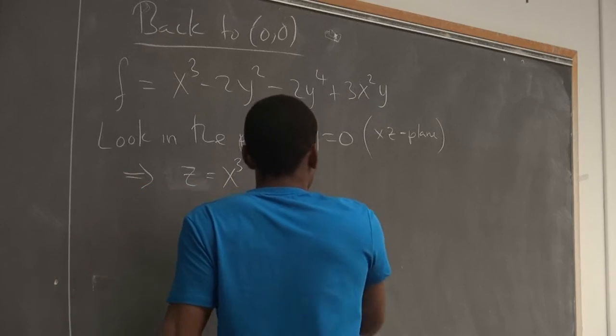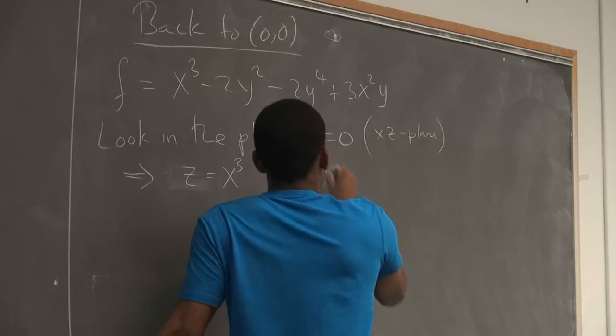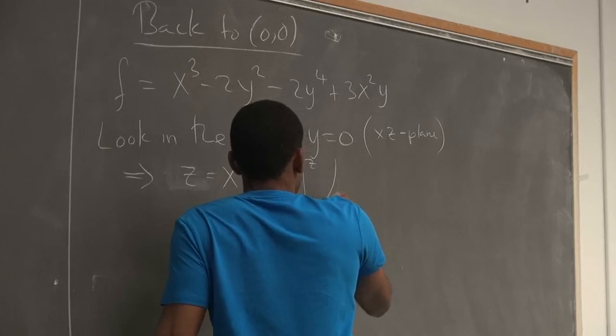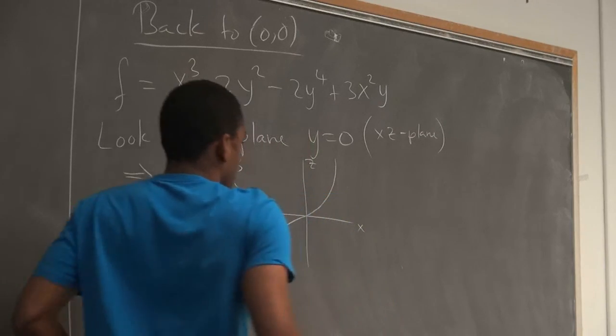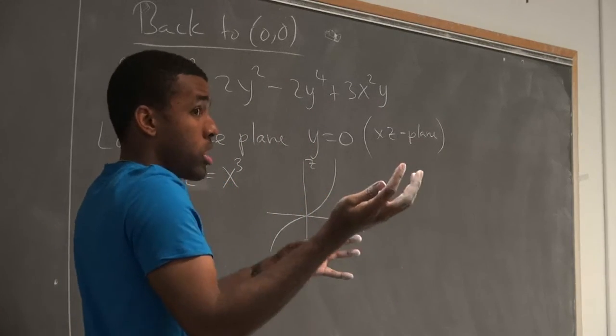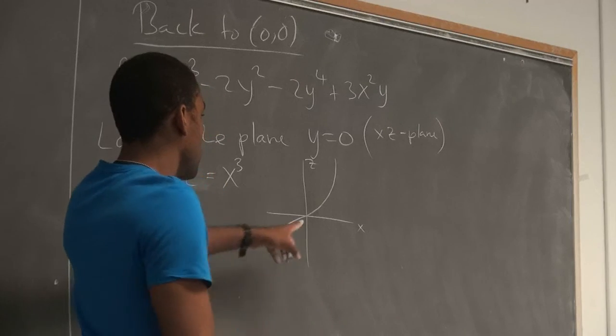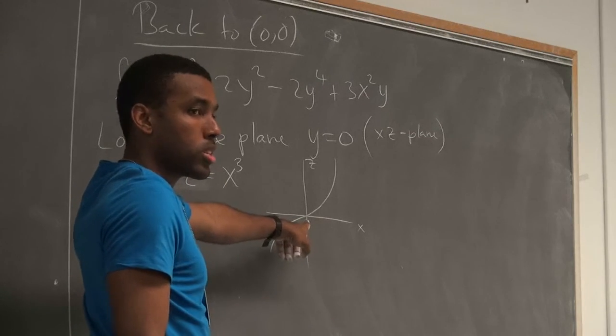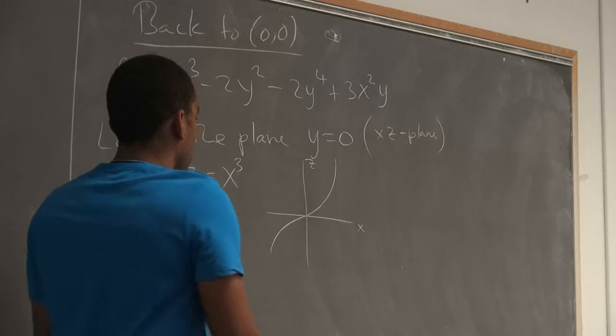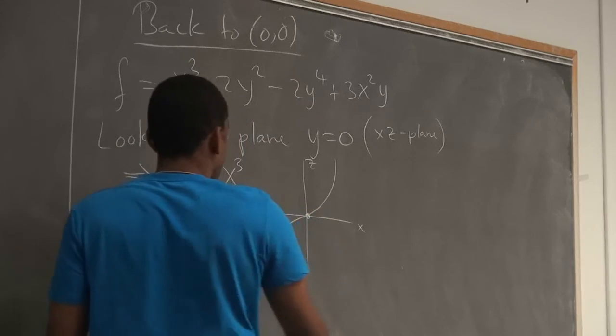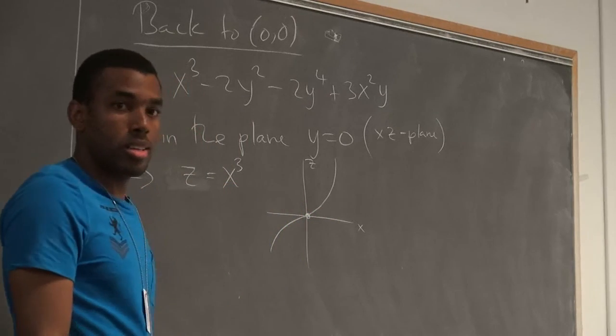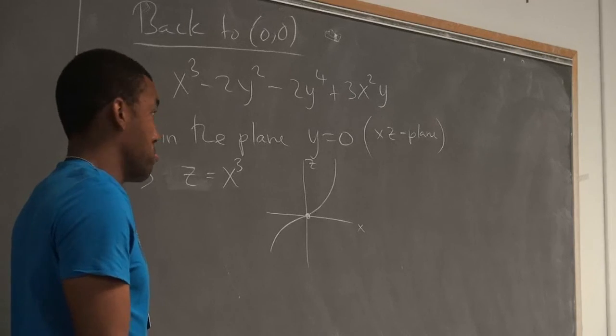So in the XZ plane, the graph looks like this. So the intersection of this surface, whatever it looks like, when I pass through this plane, I get that picture. Can I tell at the origin, is this thing going to be a max or a min? Neither.